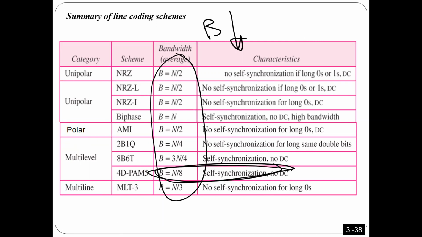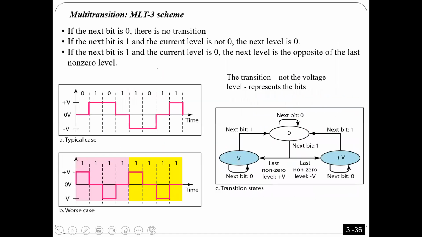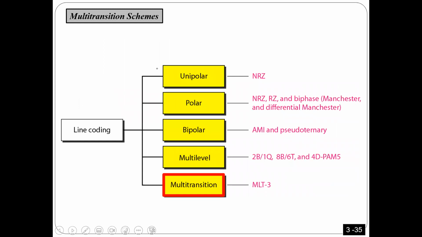So I can do the transmission using N divided by 8, which is 4 times this one. So this one needs 4 times the bandwidth. Anyway, the last one I'm going to explain here, we call multi-transition.